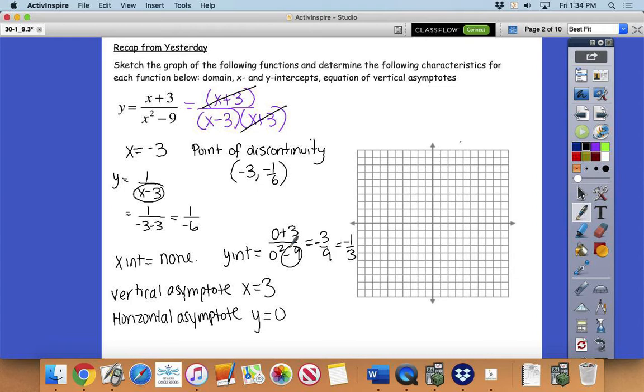So with that information, I'm going to start plotting that information. I have a vertical asymptote at 3. No x-intercept, which means that there's that horizontal asymptote at y equals 0. We also have a y-intercept of -1/3. And we have a hole at -3 and -1/6.